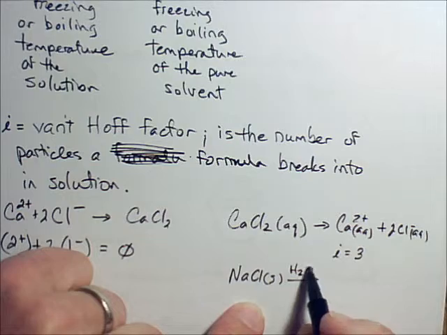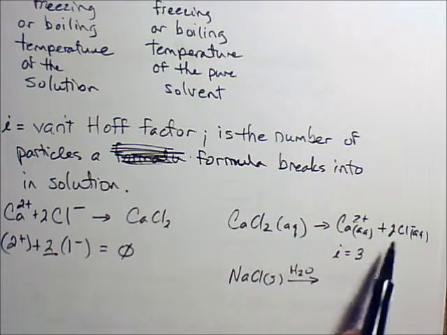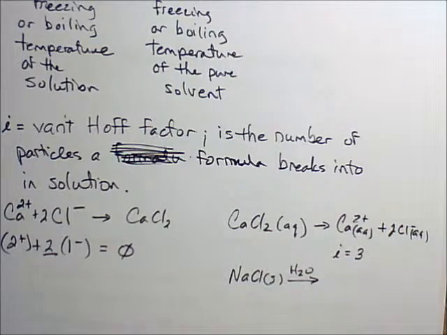All right. So let's theoretically dissolve salt, table salt. You figure out how it breaks up and tell me what the i or Van't Hoff factor is. I haven't balanced this right here. This is balanced. I haven't done anything with this. Now you're going to figure out what goes over here, break it up, count the ions, and tell me what i is.